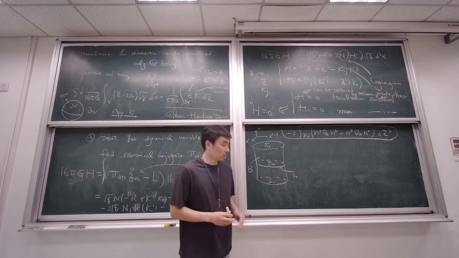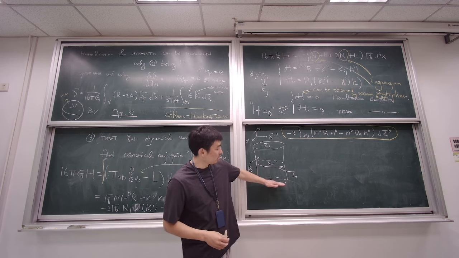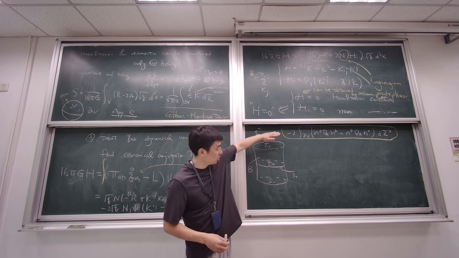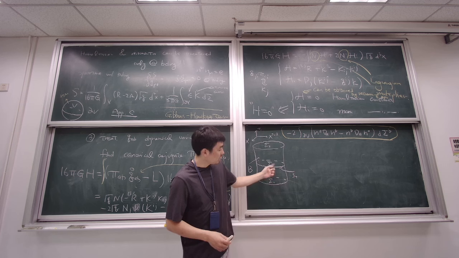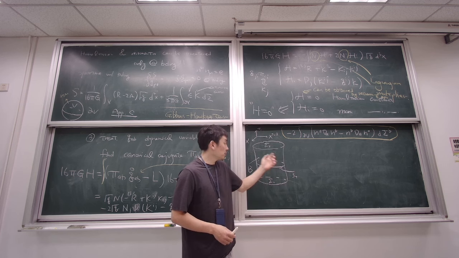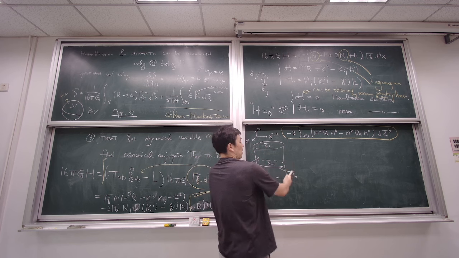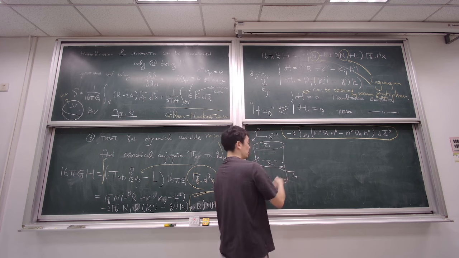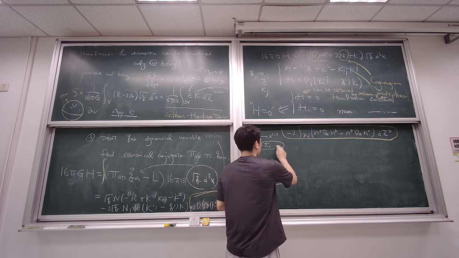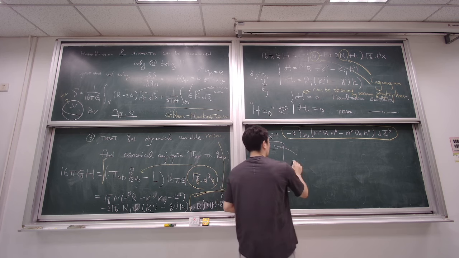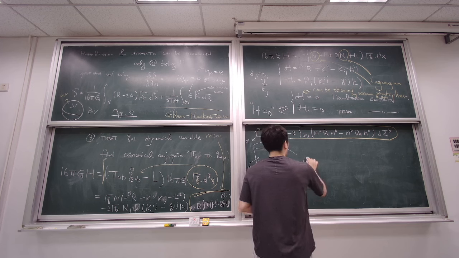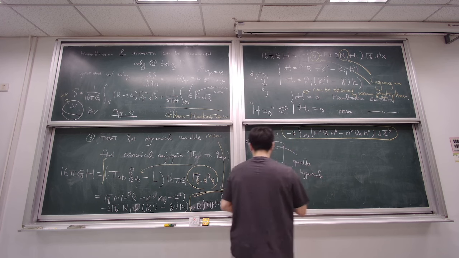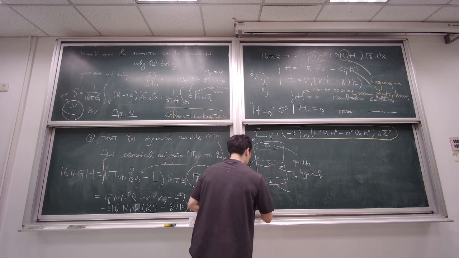The space-time has the following structure: there is a time translation of the hypersurface sigma 1 to sigma 2. Sigma t is the t-constant surface, and B is a boundary. Sigma 1 and sigma 2 are space-like hypersurfaces, whereas B is a time-like hypersurface.